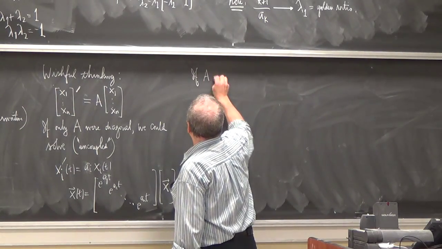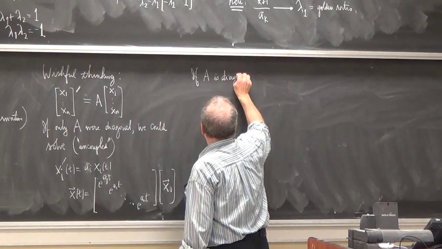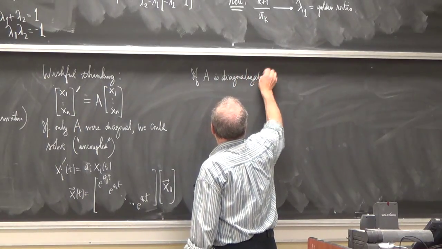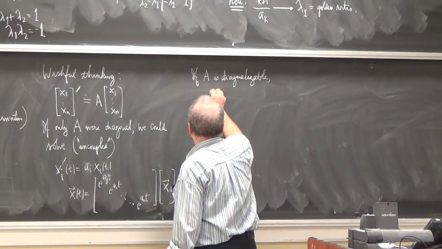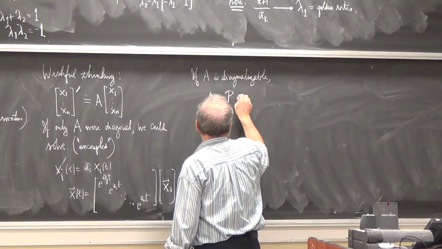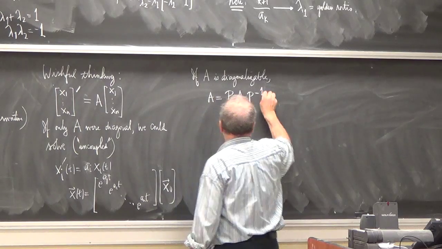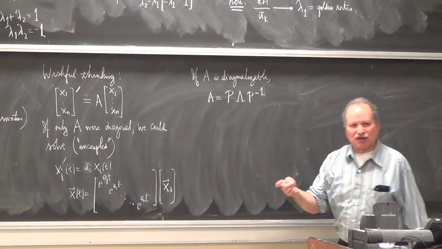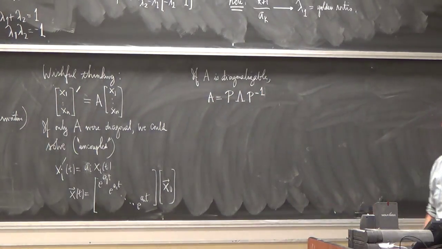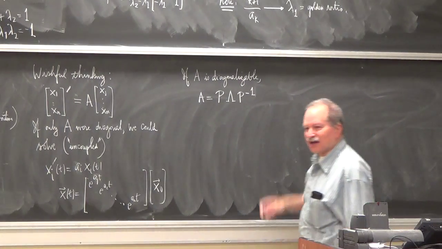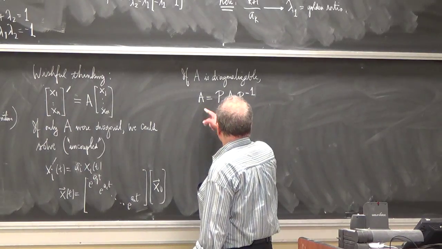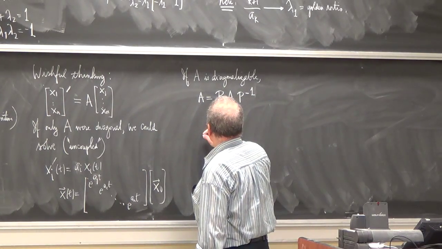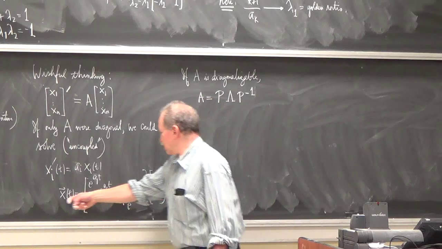If A is diagonalizable, we can write A as P lambda P inverse, where lambda is a diagonal matrix of constants, the eigenvalues, and P is the matrix of eigenvectors.